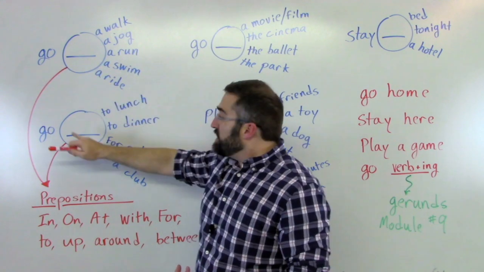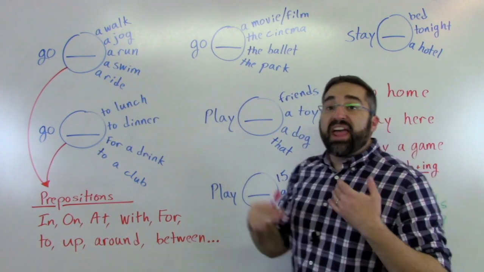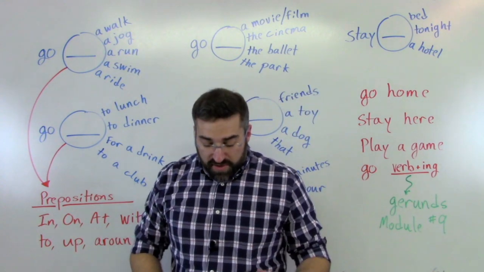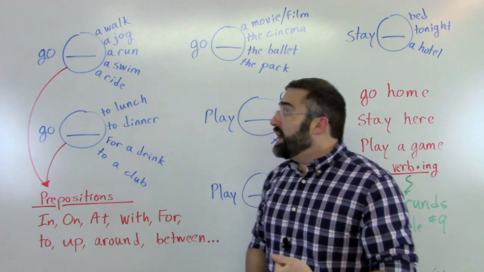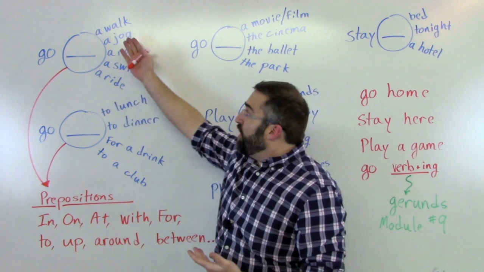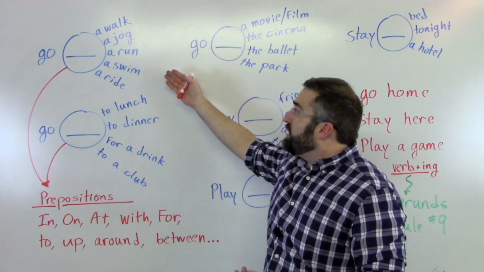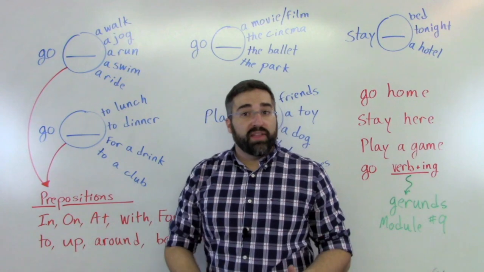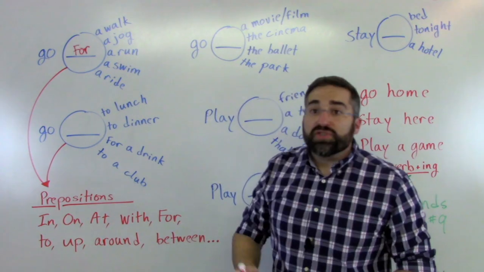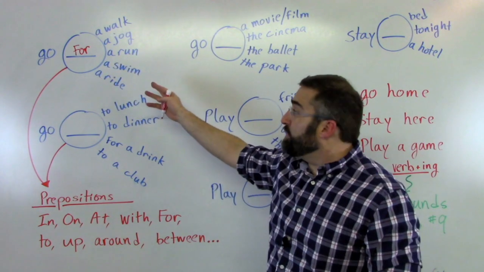Each one of these is one preposition for each of these, and it works with all of these words. So I think that you probably have seen some before. If you look here: go, something, a walk, a jog, a run, a swim, a ride. We have one preposition that we use right here.